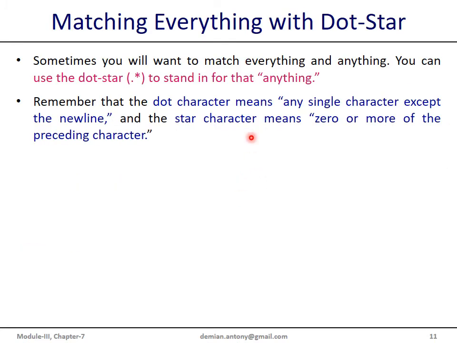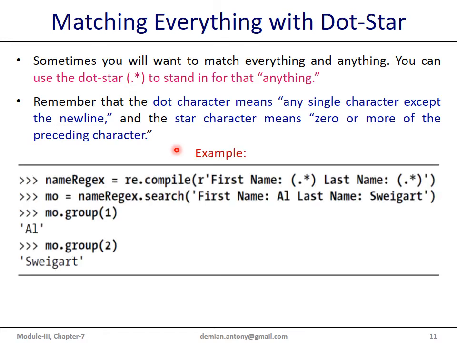If you want to match everything and anything with the regular expression, you can use dot star. Remember, dot implies any single character other than newline, and star implies zero or more occurrences of the preceding character. Here is an example. Here we have created two groups. One is a group with dot star, zero or more occurrences of any character. Here also zero or more occurrences of any character.